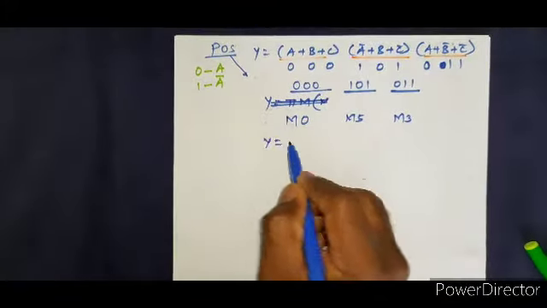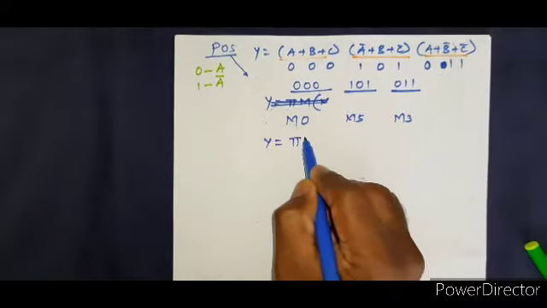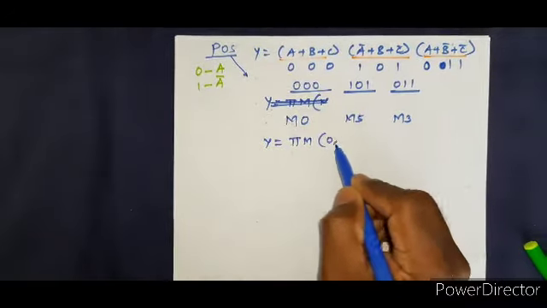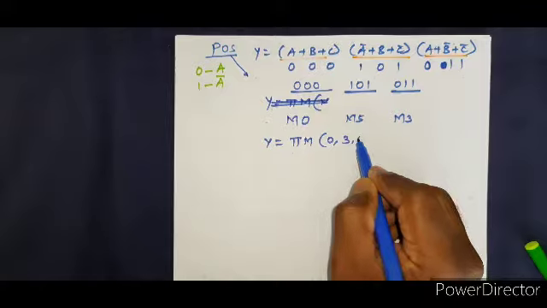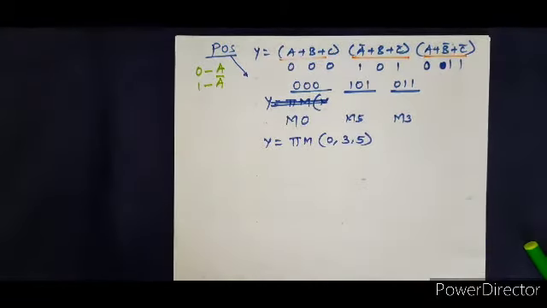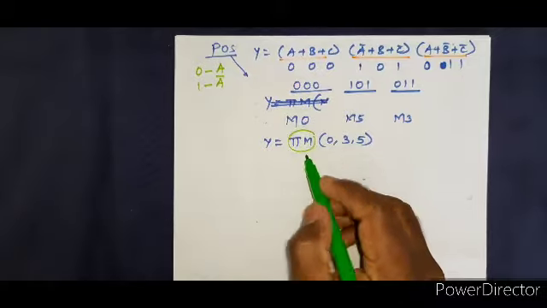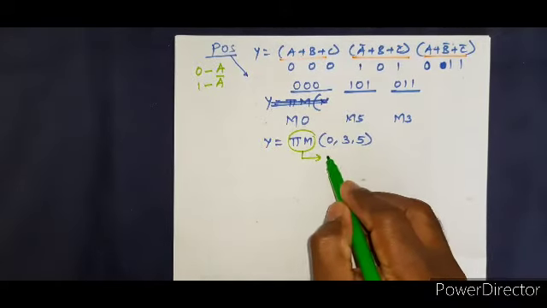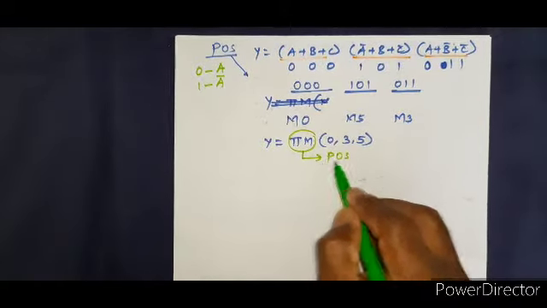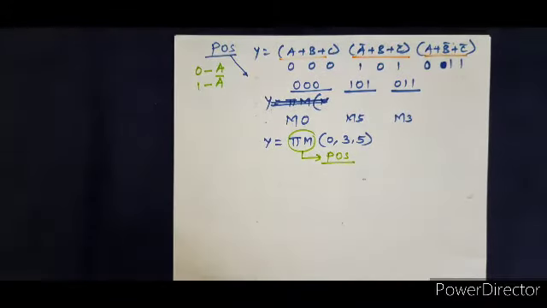Now I can write this equation as pi of capital M 0, 3, 5. This pi of capital M represents that the equation is in the form of POS, product of sum.